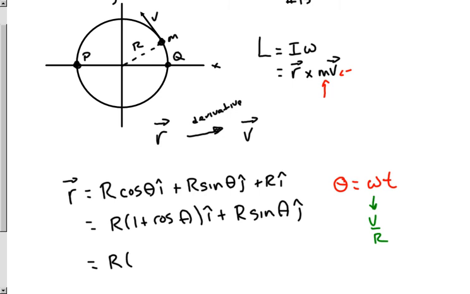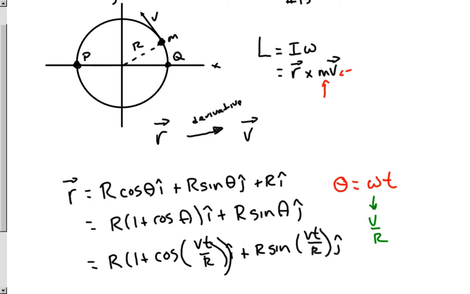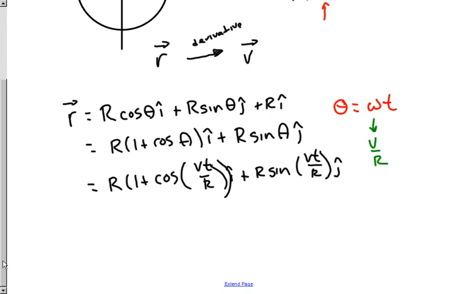We have r times (1 plus the cosine of vt over r) in the i hat direction, plus r times the sine of vt over r in the j hat direction. And that is our radius vector.